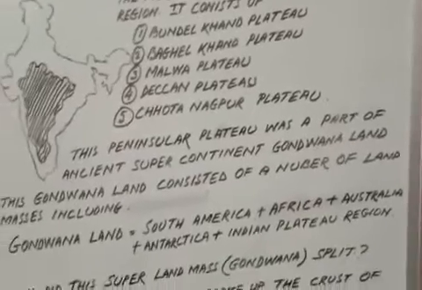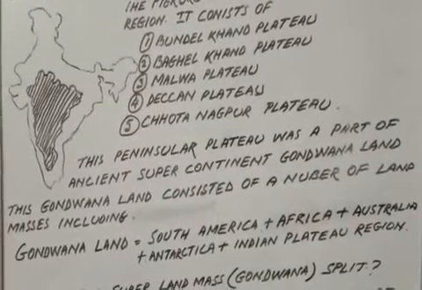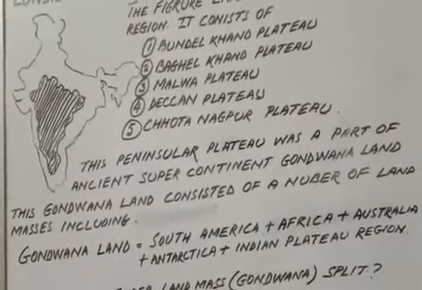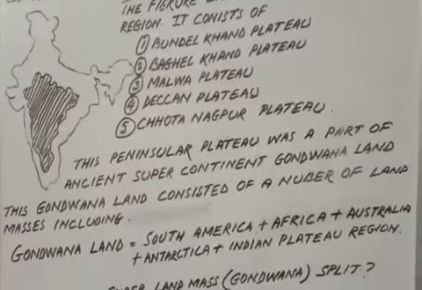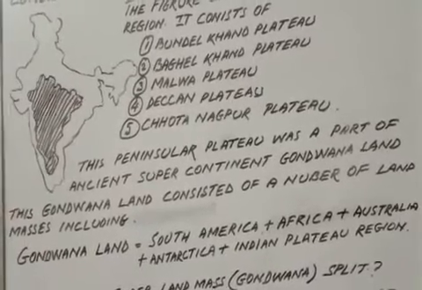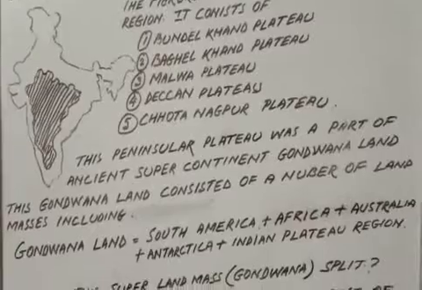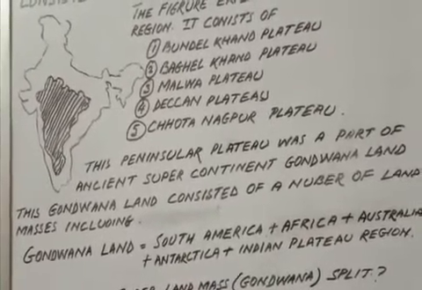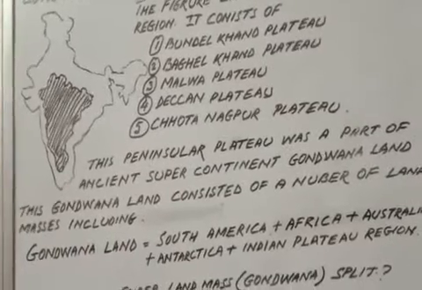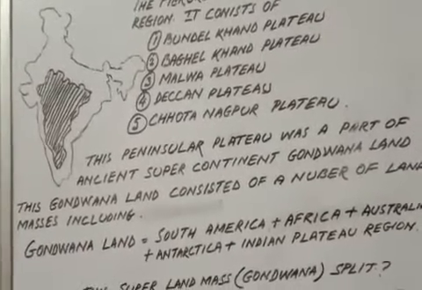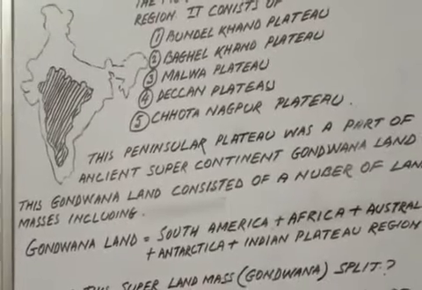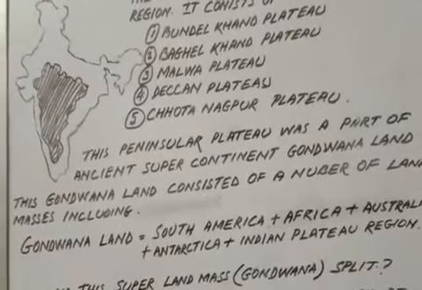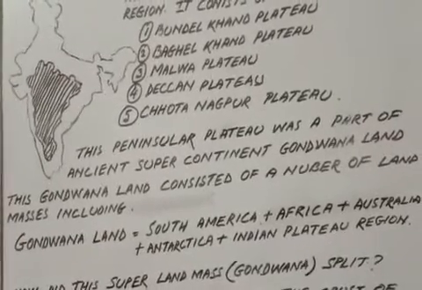This peninsular plateau was a part of an ancient supercontinent called Gondwanaland. This Gondwanaland consisted of a number of landmasses. So India was formed from a major supercontinent which was called Gondwanaland, and it included many other areas under it.